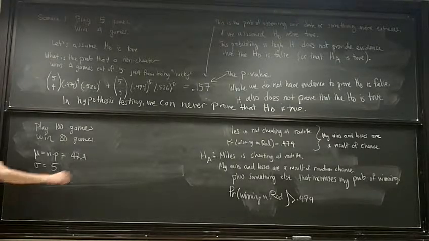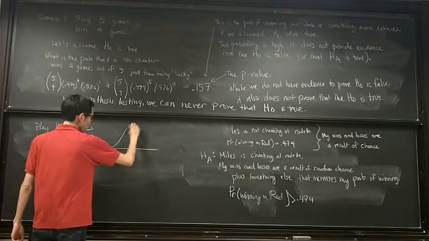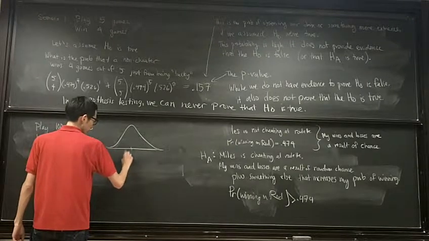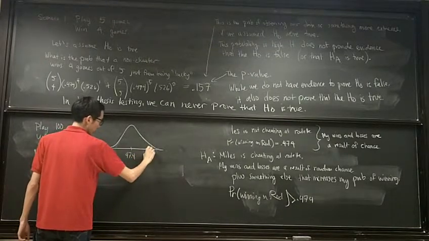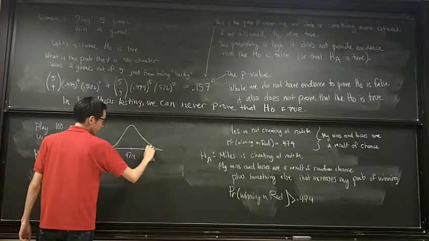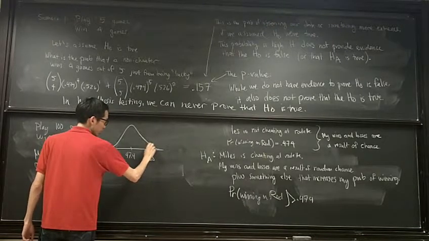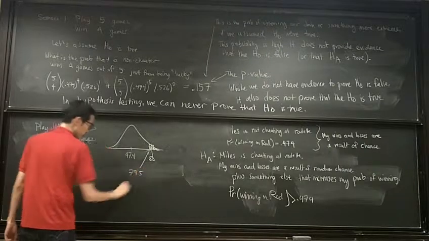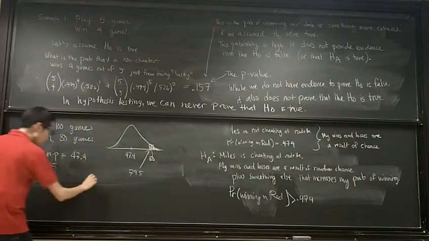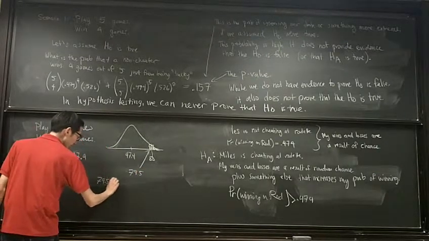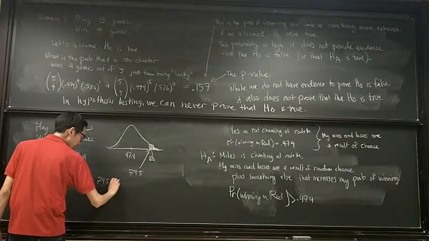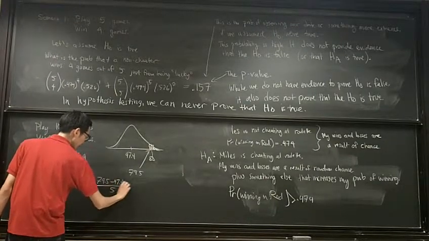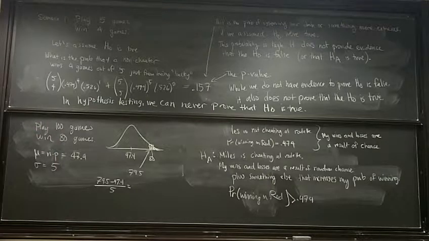If I've won 80 games or more, then with a continuity correction, I would draw a cutoff at 79.5. My z-score at 79.5 is 79.5 minus 47.4, over 5.